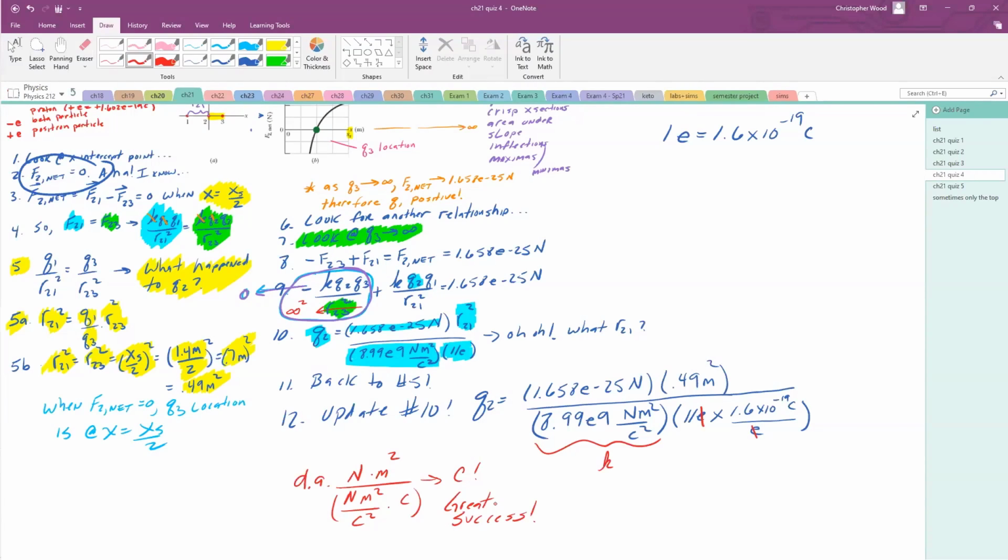So calculator time, 1.658 E minus 25. Okay, store alpha A. Just doing it again.